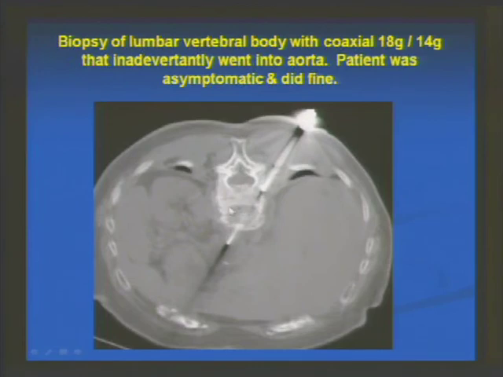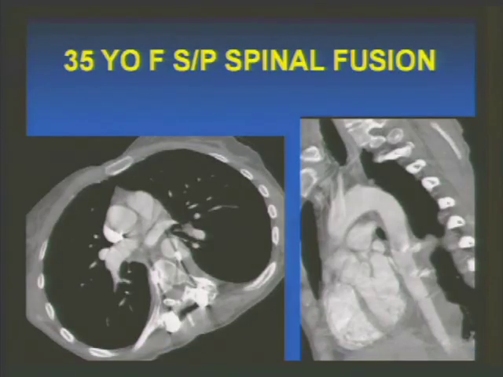However, after advancing the needle to this point, you can notice there's a lot of necrosis here. Well, there was a little bit too much force applied, and the needle advanced into the aorta. This is only an 18-gauge needle, so in the olden days, we used to do translumbar aortograms using the same size needle, so we felt it was safe to remove this without any intervention, and the patient did fine.